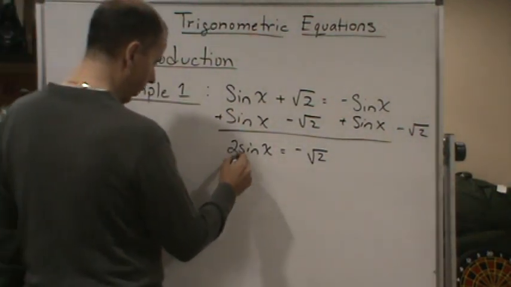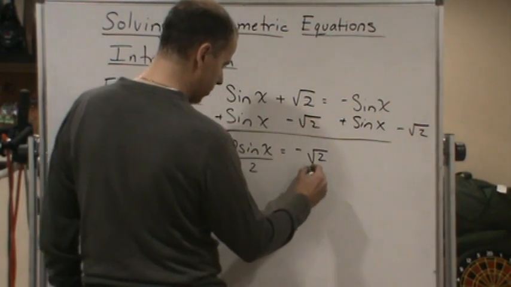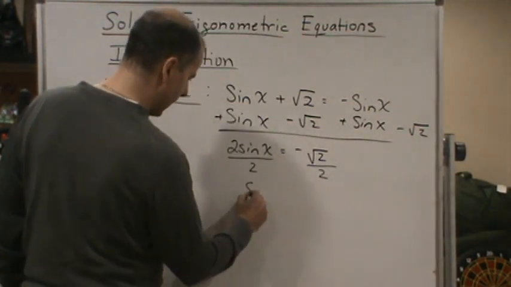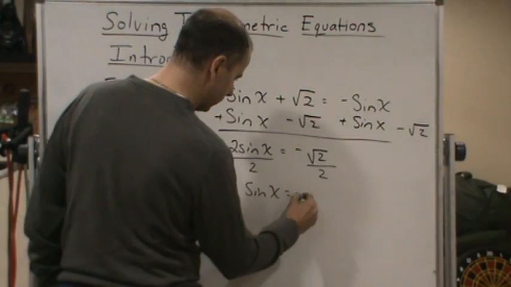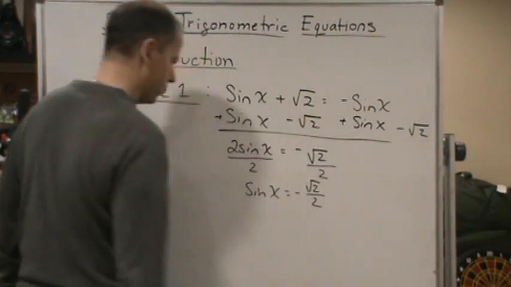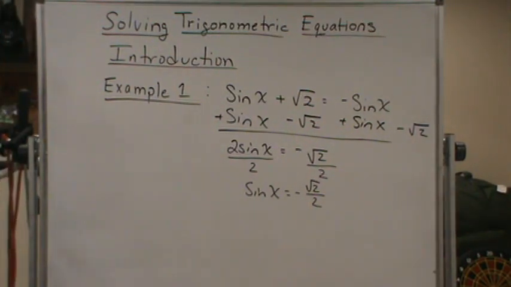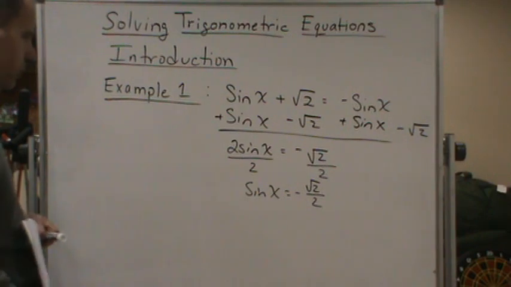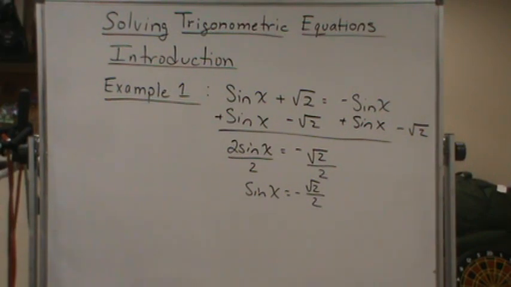Now we're going to divide both sides by 2, and we get sine x is equal to negative square root 2 over 2. So now the question is, what values of x have a sine of negative root 2 over 2?